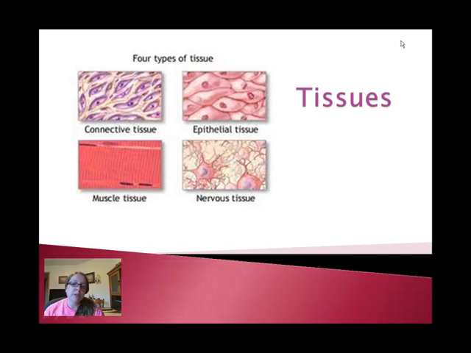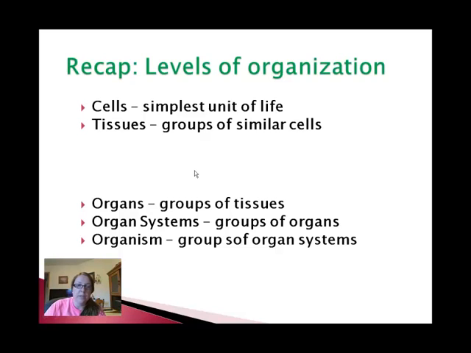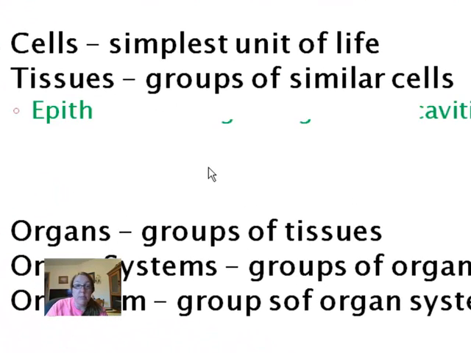Now we're going to switch gears a little bit and look at primary tissues of the body. We're going to look at four different types of tissues: epithelial, connective, muscle, and nervous. If you remember from an earlier podcast, tissues are just groups of cells doing a similar task.